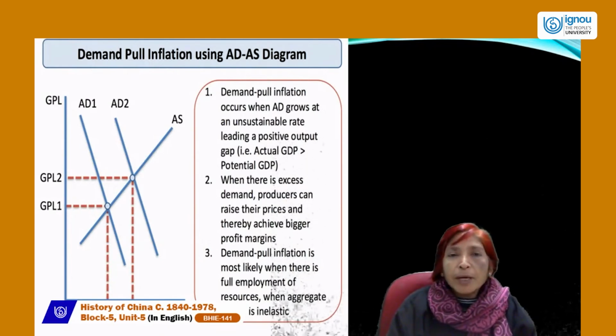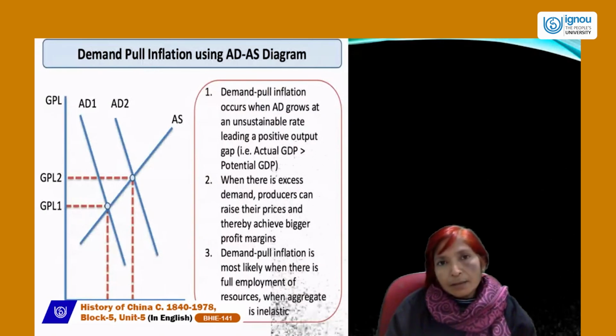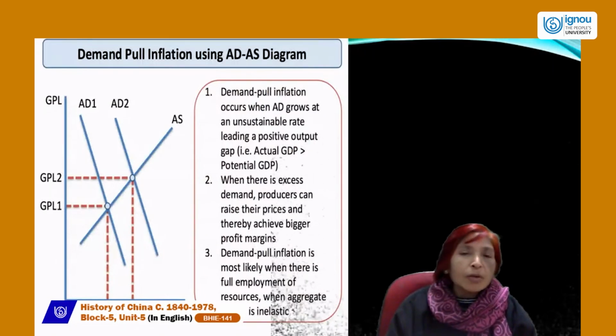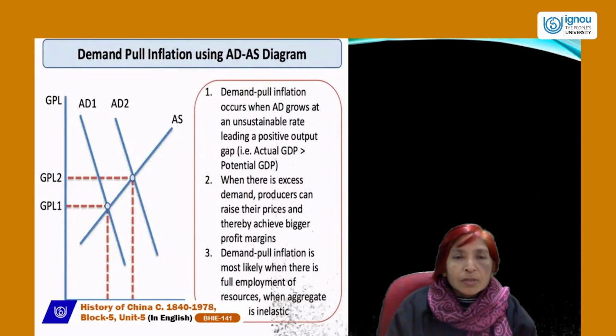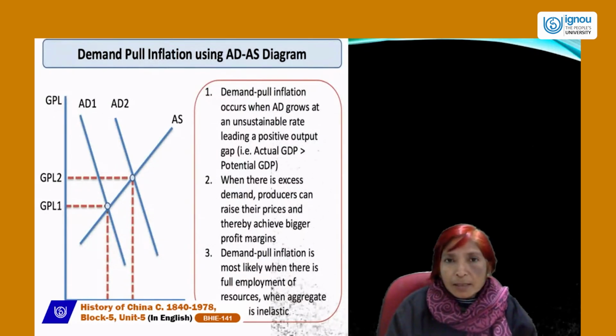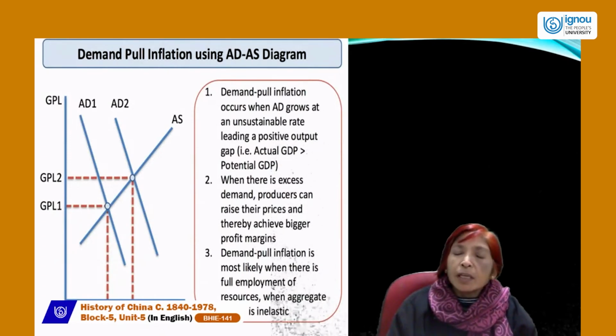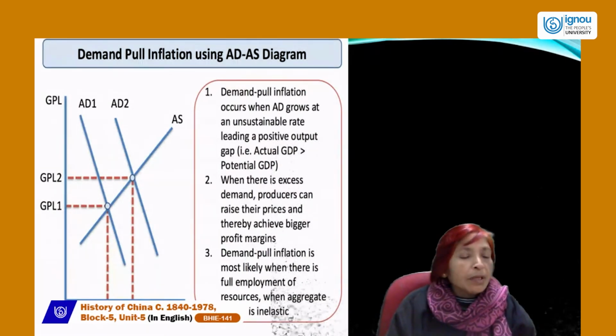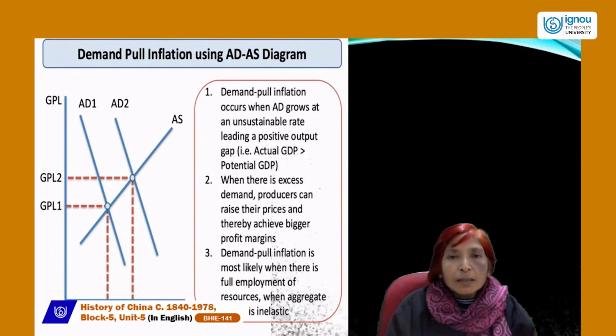And it is clear by its name: when demand for goods and services increases and supply remains less, then the price level will go up. So if price rises due to rise in demand, that is called demand pull inflation. You know that the demand curve generally slopes downward.